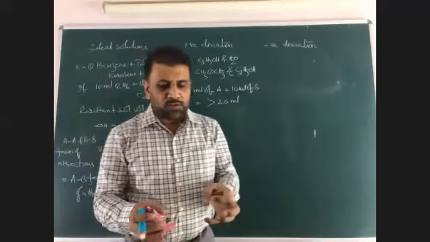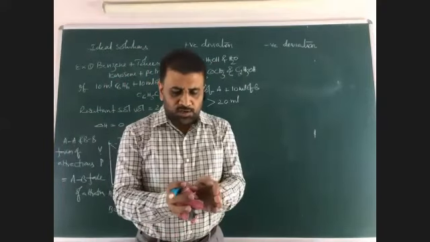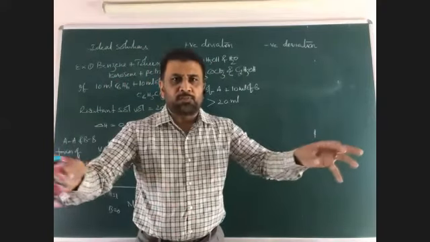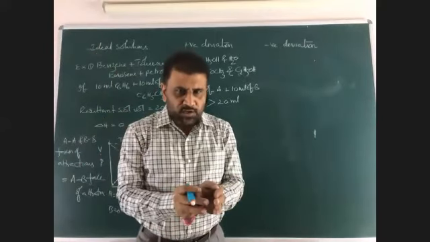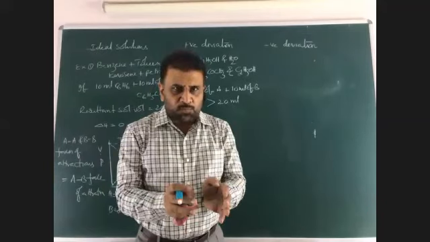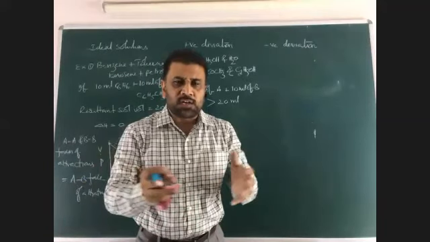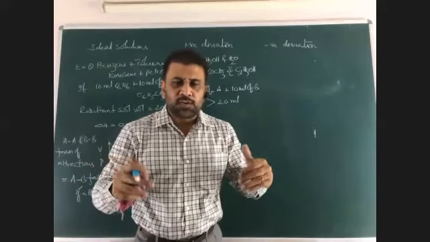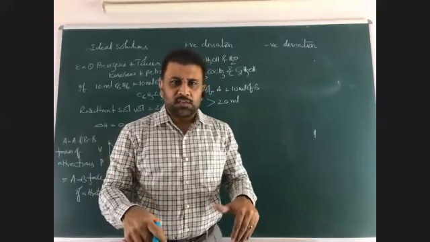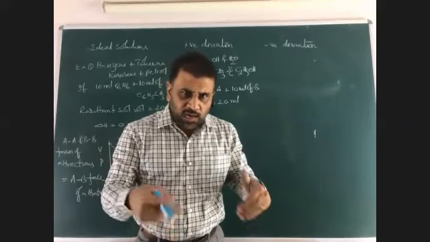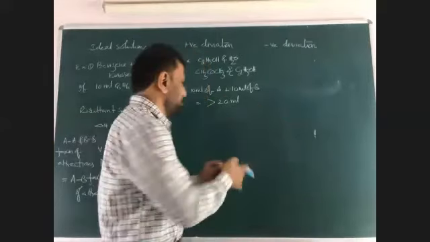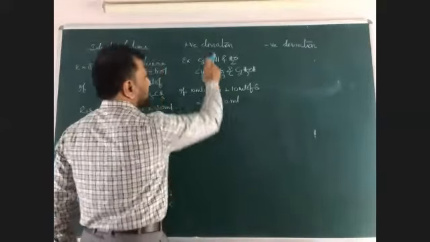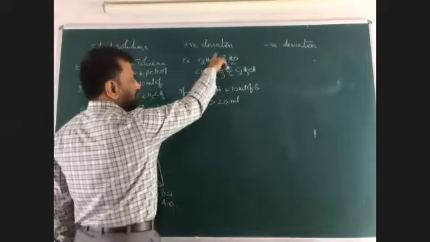The liquid molecules before combination are very close. Once they combine, the liquid molecules get separated. That means the volume increases, which means they are not attracted. That means the force of attraction between AB is less than AA and BB. That's why the volume of the resultant solution is increased. Therefore, vapor pressure is increased.